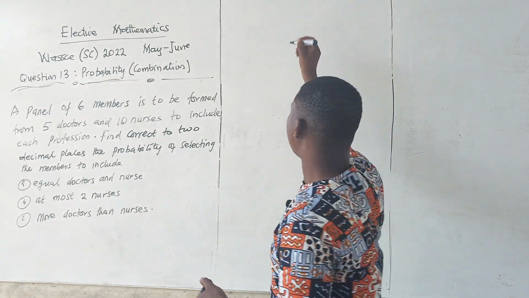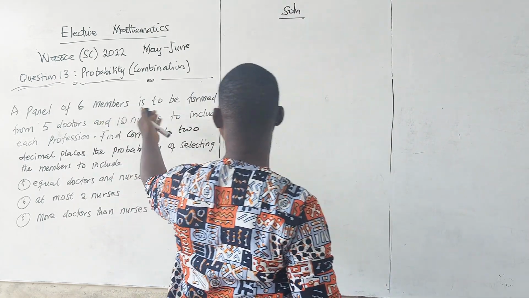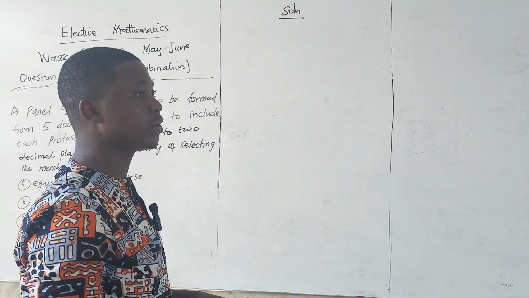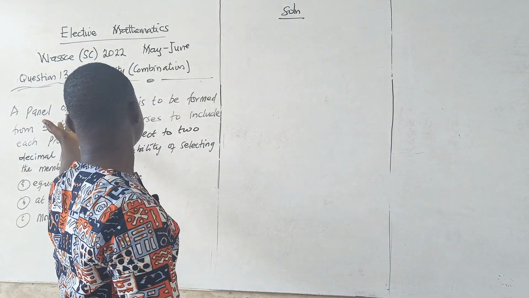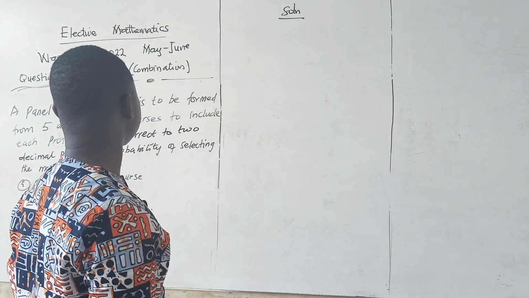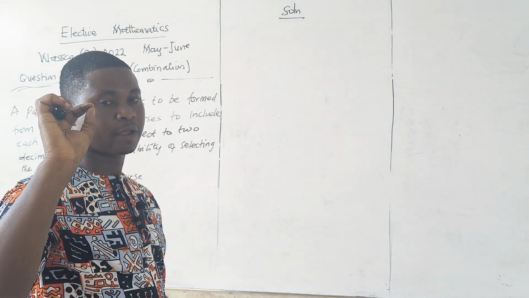So let's look at how we go about it. If you look at the question, we are going to use the combination method. We are supposed to form a panel of 6 members.